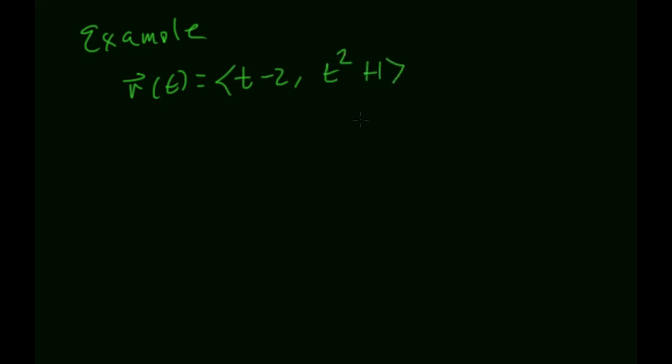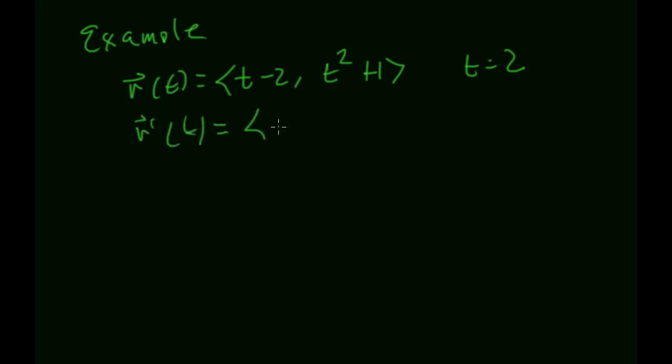All right, so let's work an example here, kind of simply. Let's say I have the vector valued function as a position vector where t minus 2 is controlling the x and t squared plus 1 is controlling the y. Okay, and I want to evaluate this when t is equal to 2. So let's look at r prime of t.